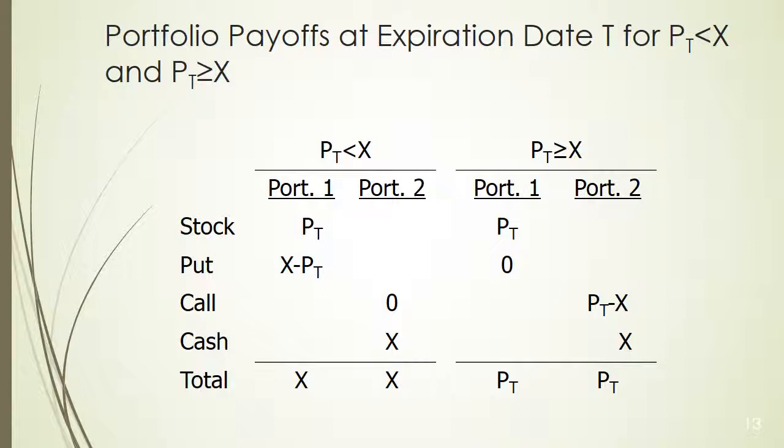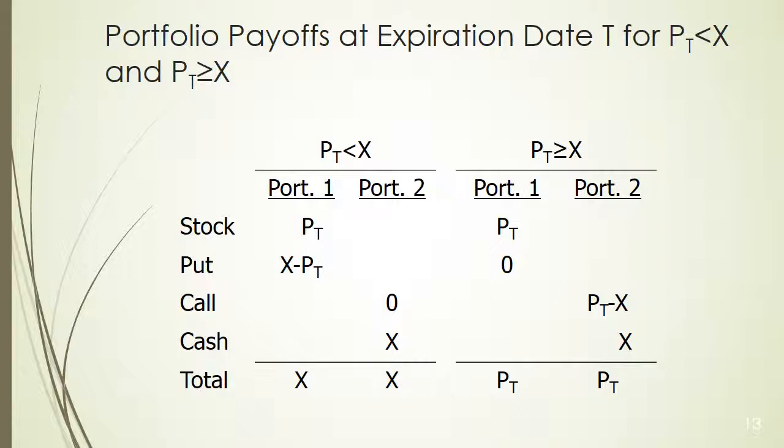The price could be less than the exercise price, or it could be greater than the exercise price. We do the analysis based on these two conditions for portfolios 1 and 2, looking at the total payoff at the end of the time period.